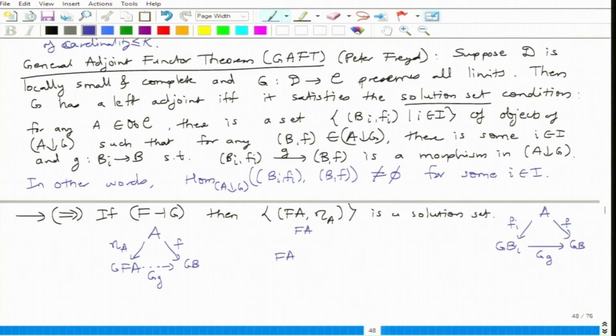That diagram is simply FA to FA, which is identity, because under adjunction, unit corresponds to identity. And then whatever this morphism is, that has to be Gg. Well, this diagram will commute. But in one of the proofs, we actually saw how to construct this g.